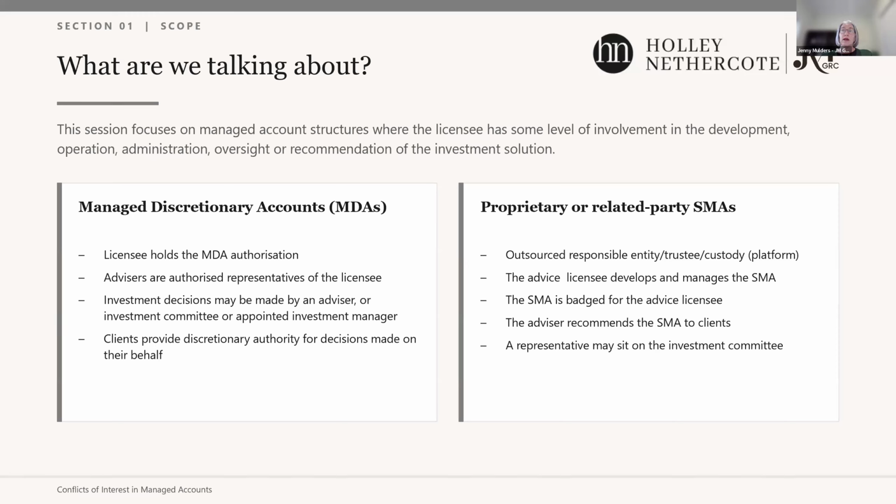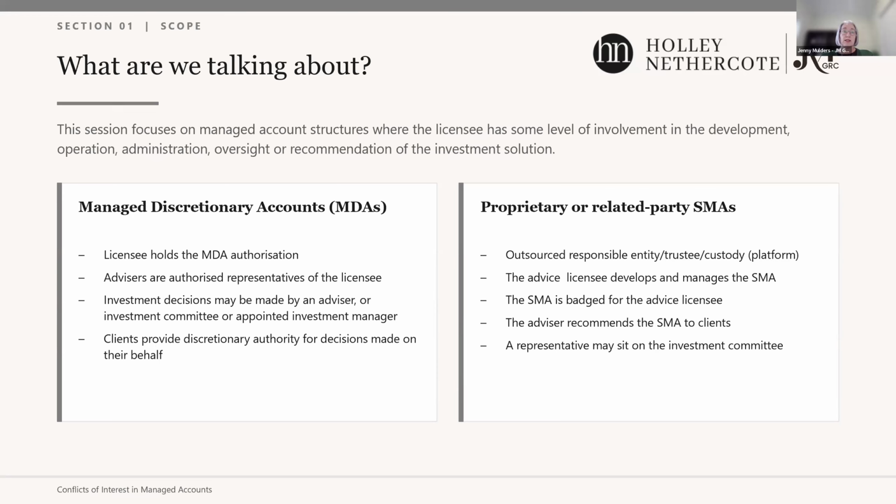We're looking at where a licensee holds the MDA authorisation to operate an MDA, and advisers who are authorised representatives of that licensee: how they need to consider their conflicts, how investment decisions can be made, and how clients provide their discretionary authority. We also have a focus on SMAs, and we recognise the different structures in that instance, whether you are insourcing or outsourcing.